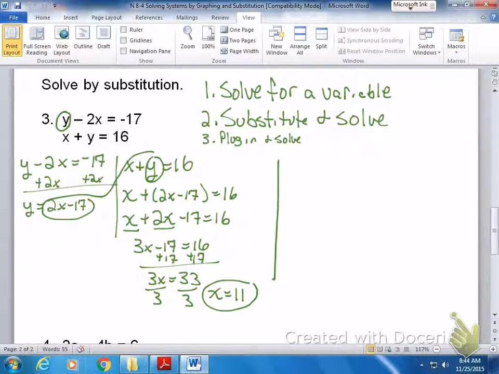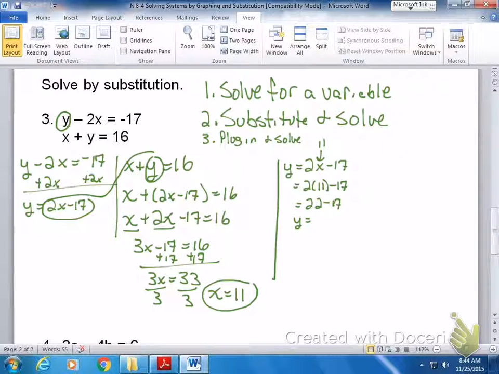Now I know what x is, so I can take one of my equations and plug that in. I'm going to go ahead and do the one that's y equals. So y equals 2x minus 17. And I now know that x is 11, so I'm going to plug that in. So I have 2 times 11 minus 17. That's 22 minus 17.